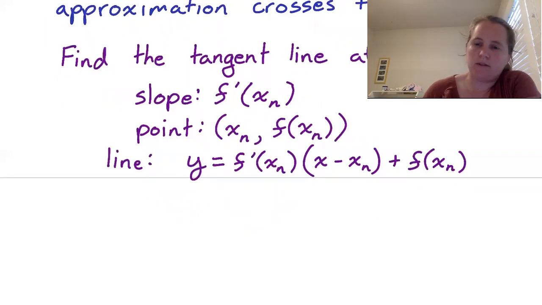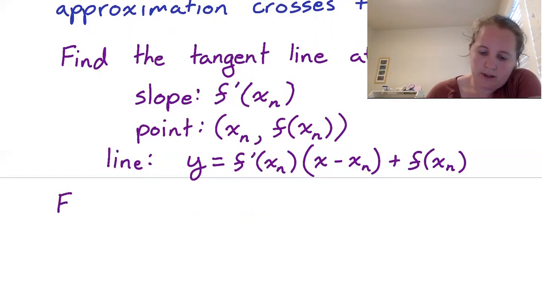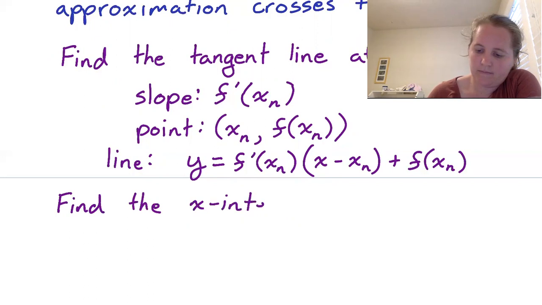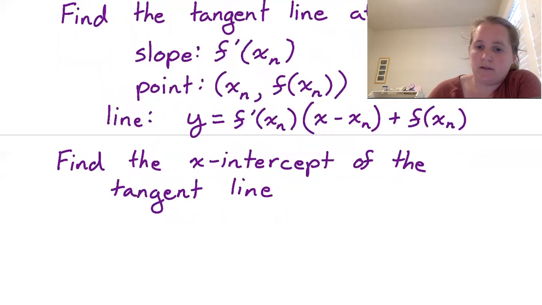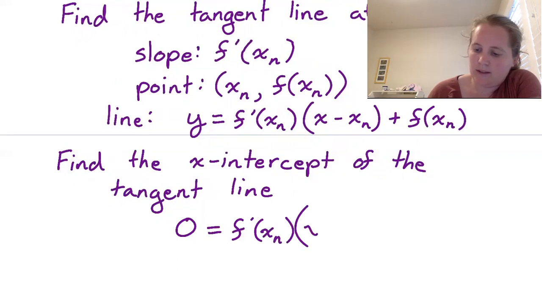Now we're going to find where that crosses the x-axis, the x-intercept of the tangent line. So we have 0 equals f prime of x sub n times x minus x sub n, plus f of x sub n.